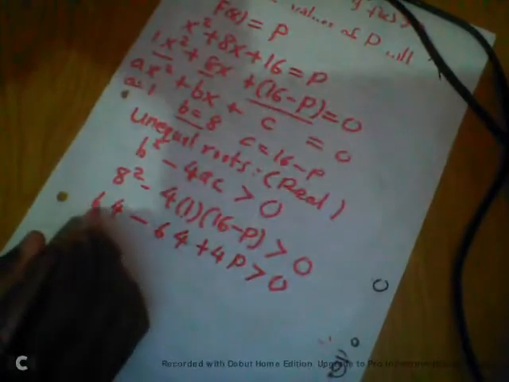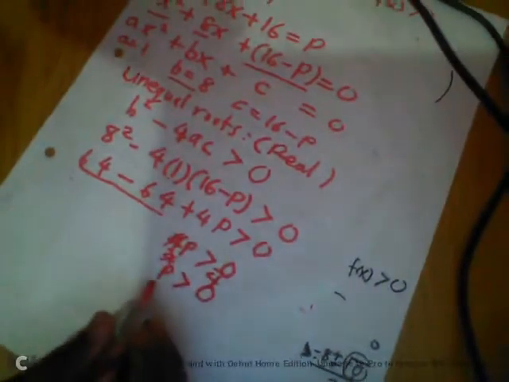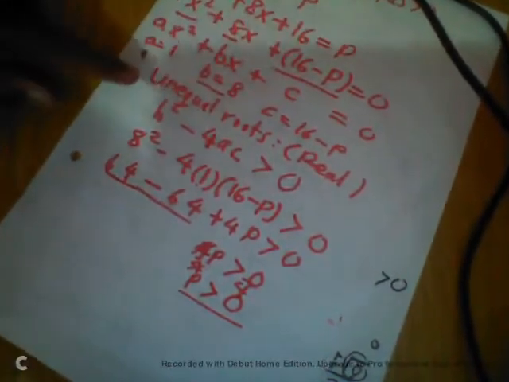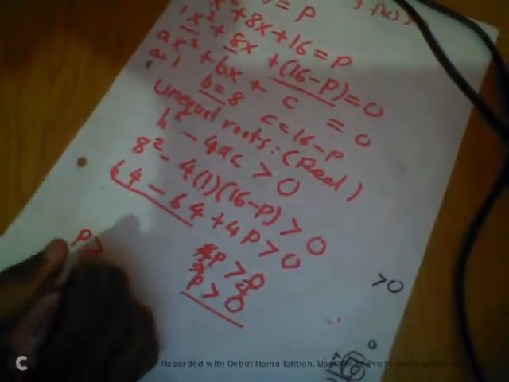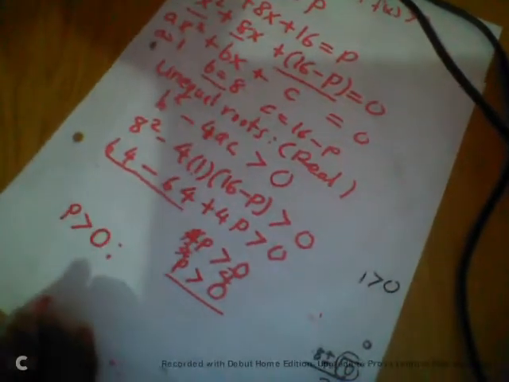These two give us 0, so 4p is greater than 0. Divided by 4, p is greater than 0. So the answer is p must be greater than 0.